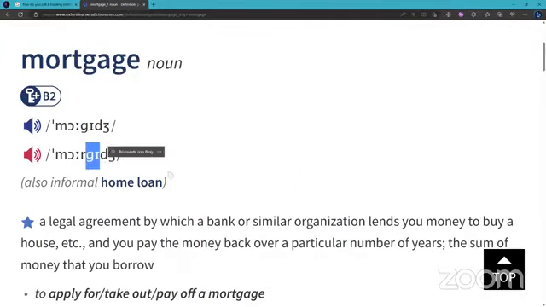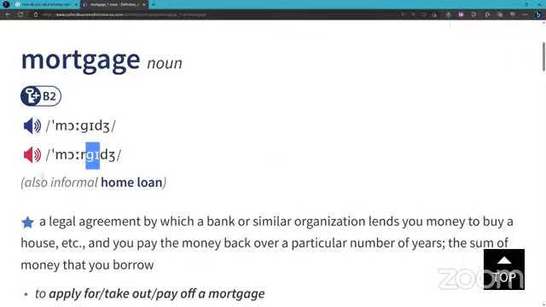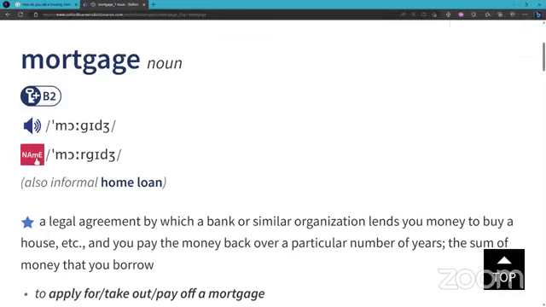Mortgage. Watch out. Excellent. Mortgage. The stress is in the first syllable. Mortgage, exactly. Come on, mortgage.